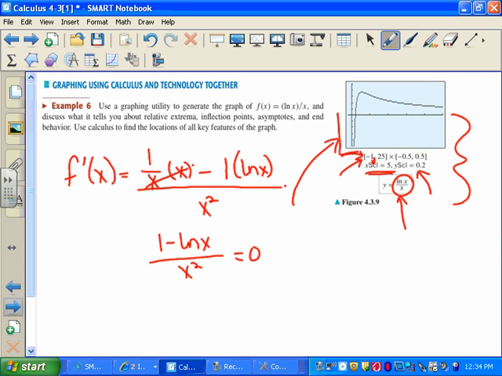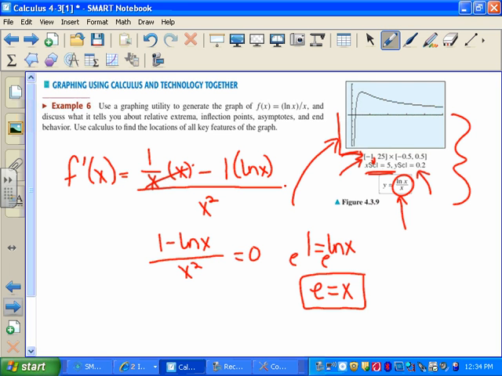And I want to know where that is going to be a max or a min. Well, that's going to happen where 1 is equal to the natural log of x. So we're going to e both sides. So we get e is equal to x. So your max or min is going to occur when x is equal to e.